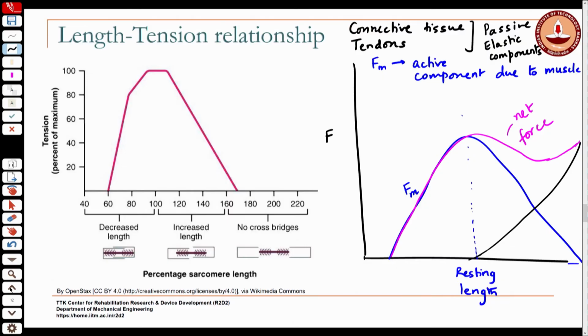The shape of this force velocity relationship is pretty uniform, though the actual values may be different. This behavior is fairly uniform across a number of muscles. They have done experiments on many of these, and they found that the shape holds good for most cases.